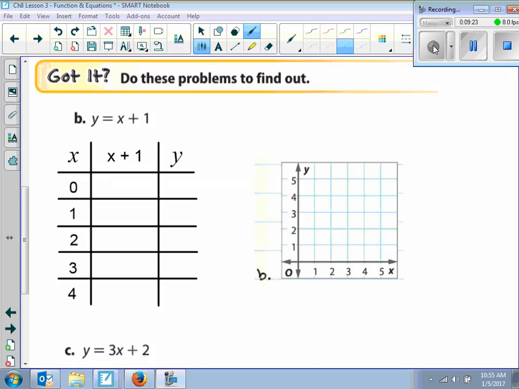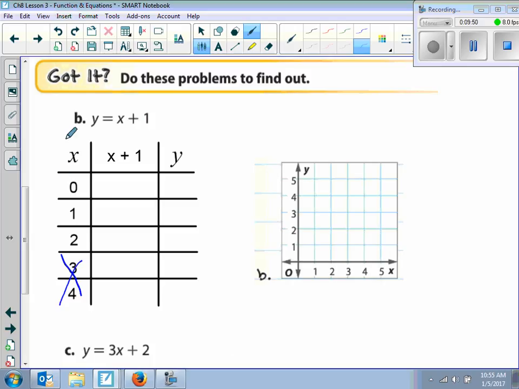All right, so we're going to try some graphing ourselves. So we're going to graph the equation y is equal to x plus 1. Okay? So I'm going to go ahead and cross out these. I put too many in there. We're just going to do 0, 1, and 2. So the first thing we're going to do is make our function table.